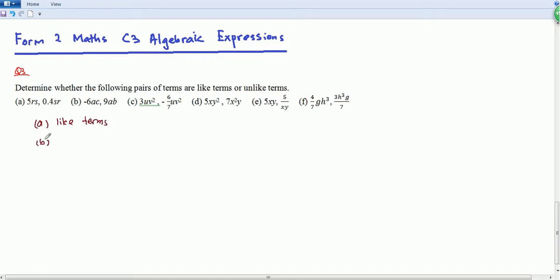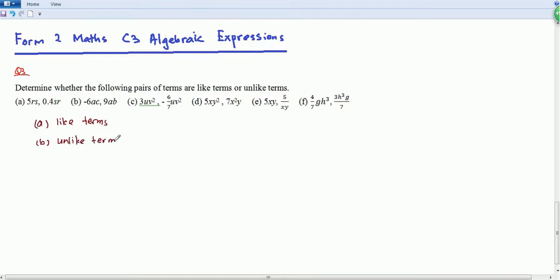How about B? ac and ab. You see, you have c here, but you don't have c here. You have b here, but you don't have b here. Their unknowns are different, so we say the two algebraic terms are unlike terms.